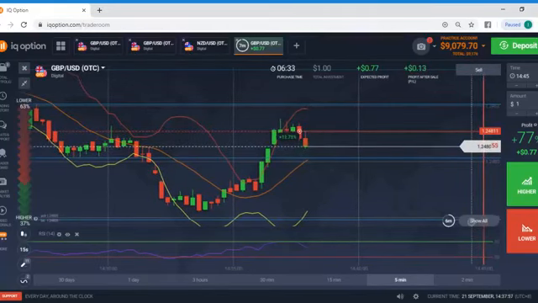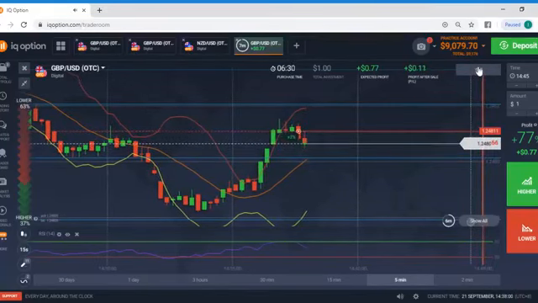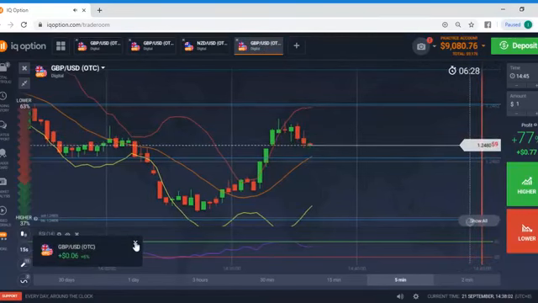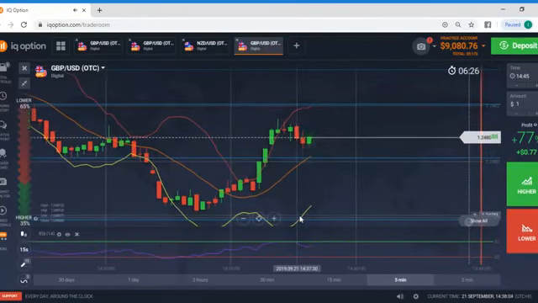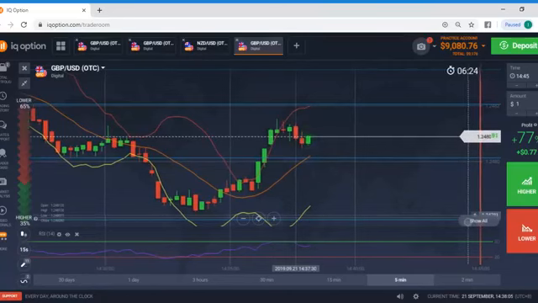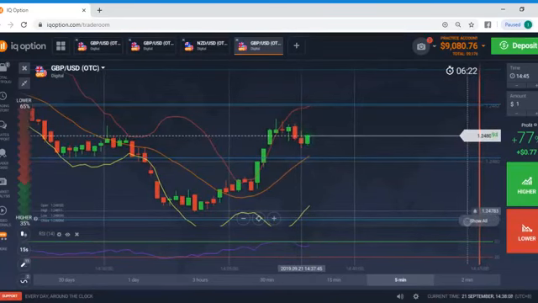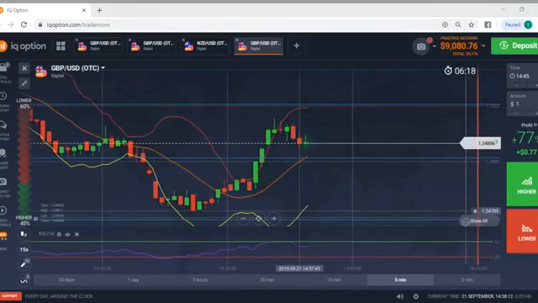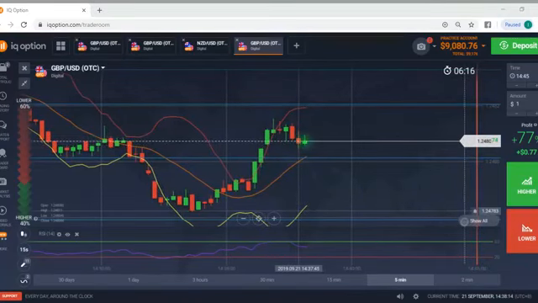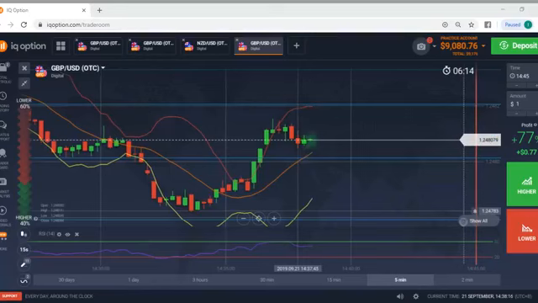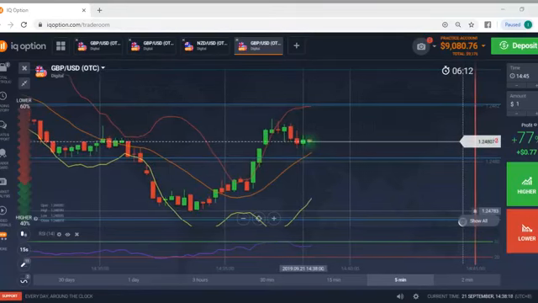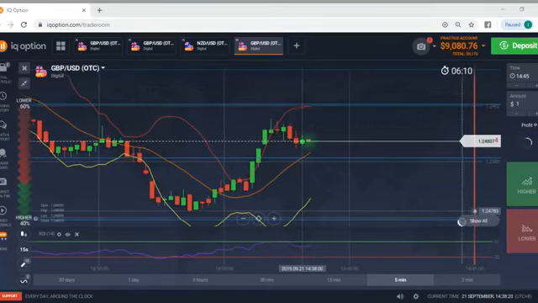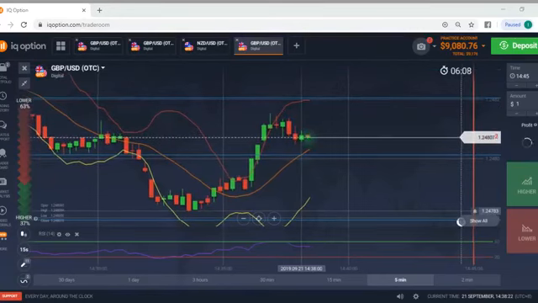And take profit. But that's the downside when your internet is not fast and you're playing with this type of trading where you have the fast time frame. Normally, it does not execute what you want instantly.